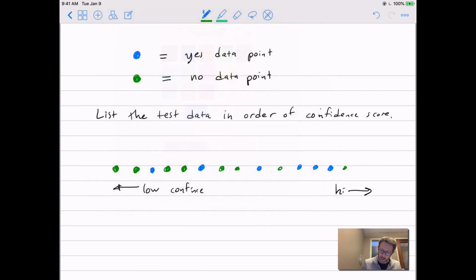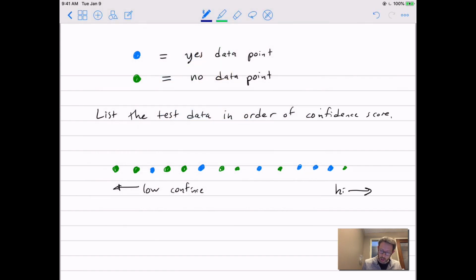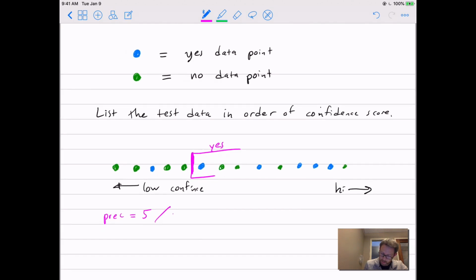All right. So if you think about it, now what I can do is I can choose a cutoff. So let's say I choose, let me use different colors here. Let's say I choose this magenta cutoff. If I choose this cutoff and say everything here is a yes, then my precision is going to be 5 out of 9.